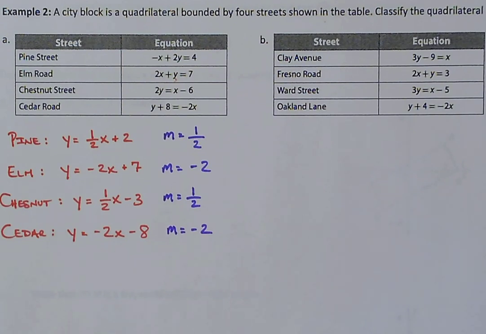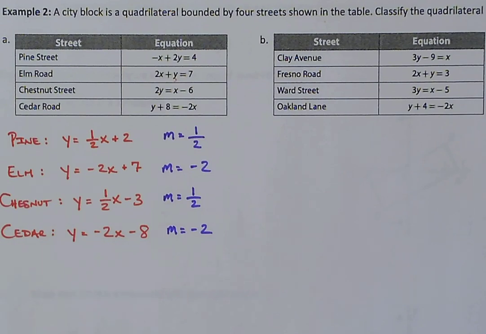So now that we have written the equations for all 4 of these lines, and we've identified the slope for each of these lines, we need to look at 2 things. First of all, we need to determine if opposite sides are parallel. If they are, that's going to initially indicate that we have a parallelogram.